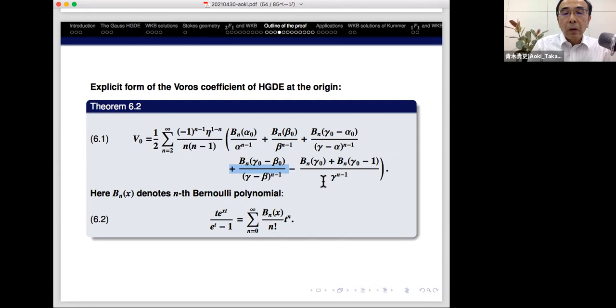So, computing the Borel sum, we use the Binet formula. So a similar computation works also in our cases.